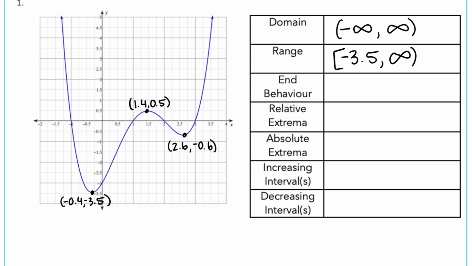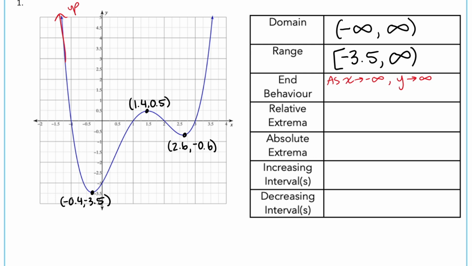Okay, end behavior. Remember that's talking about these little ends. What are these little guys doing? Well, I have to describe the left and then the right. So let's describe the left. I would say as x approaches negative infinity, or as x goes to the left, y, well, this guy is facing up, so y goes to positive infinity.